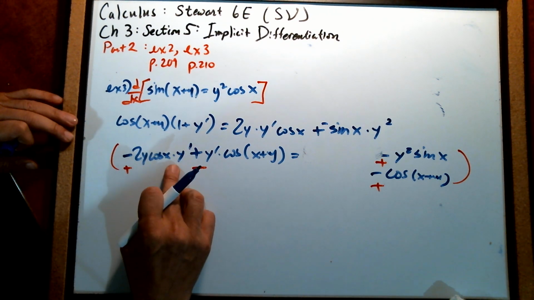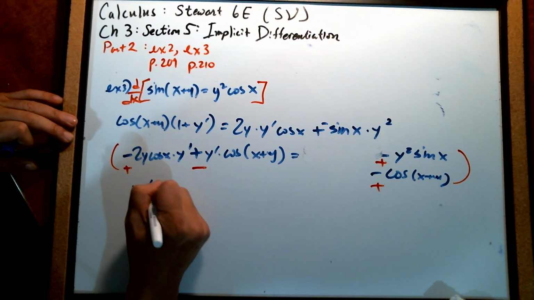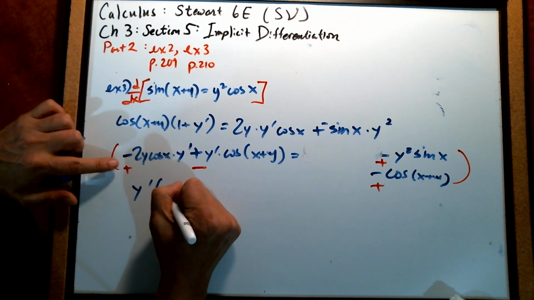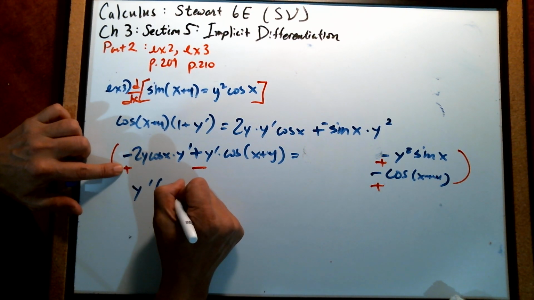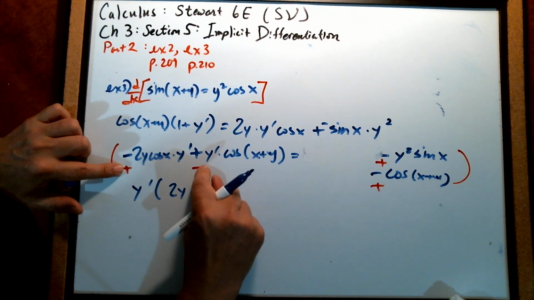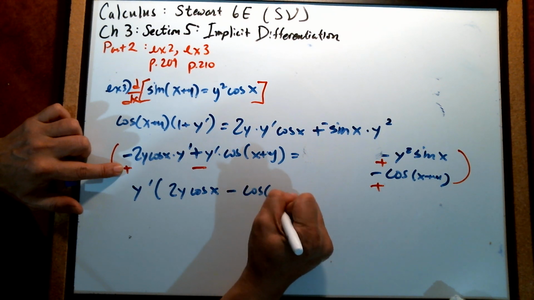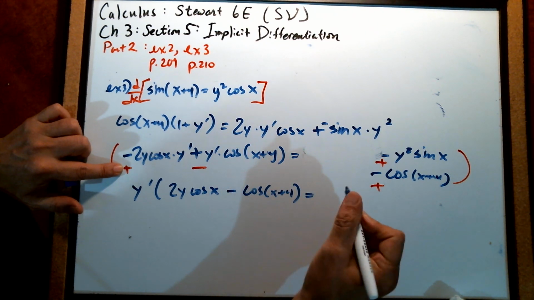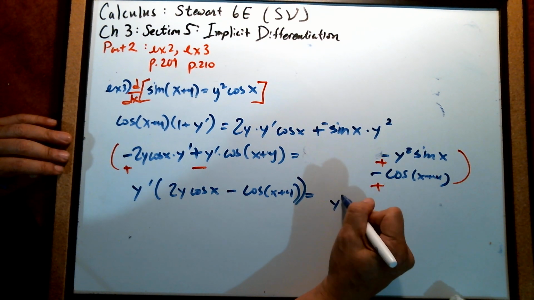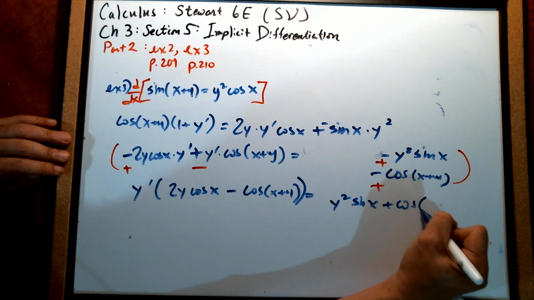And then I'm going to actually at this stage factor out y prime too. So if I factor out y prime, the first term I have plus 2y cosine of x, and then there's a minus right there. I factor out y prime, you end up with cosine of x plus y equals, on the right side I have y squared sine of x plus cosine of x plus y.